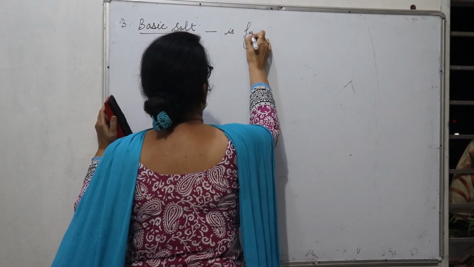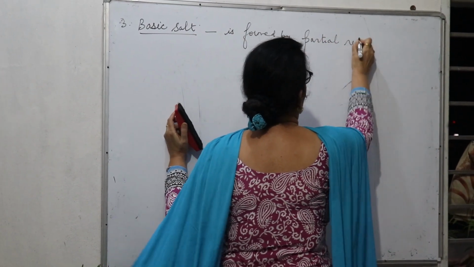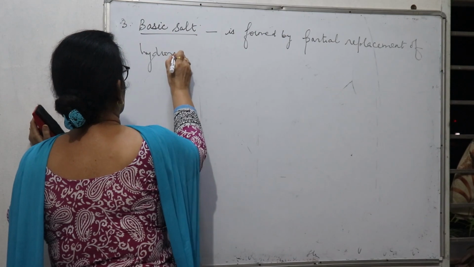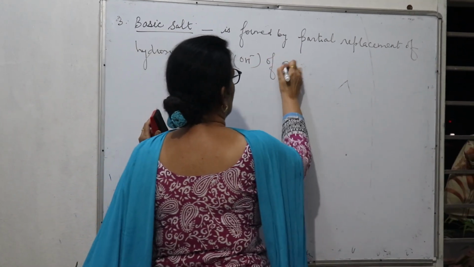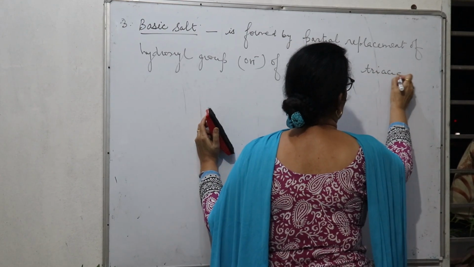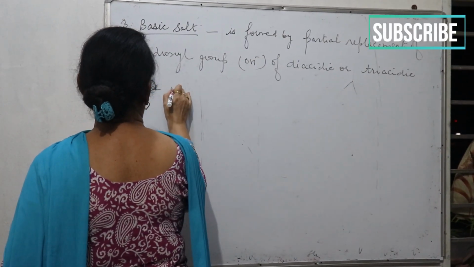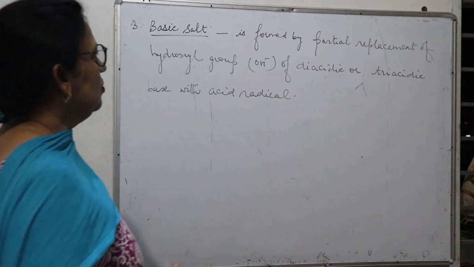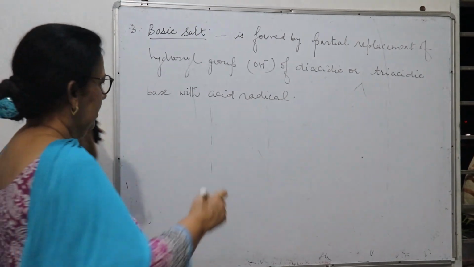A basic salt is formed by partial replacement of the hydroxyl group, that is the OH group, of a diacidic or triacidic base with an acid radical.